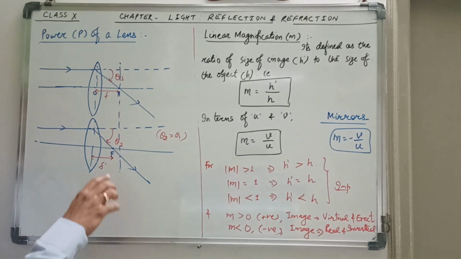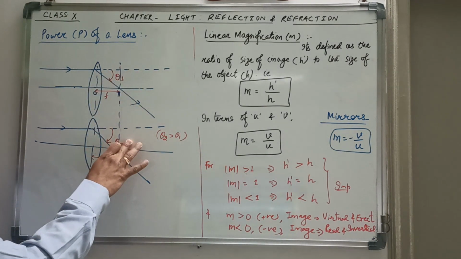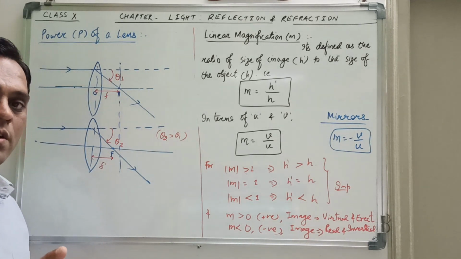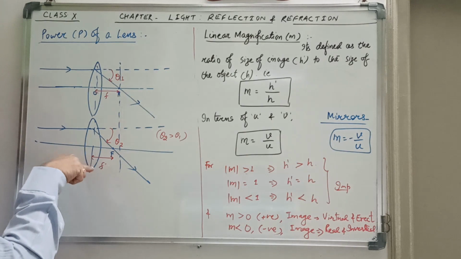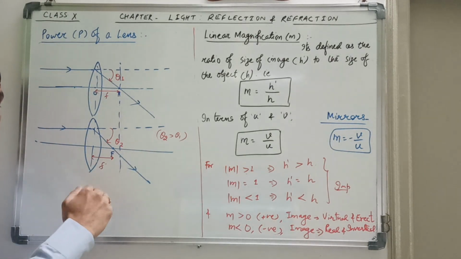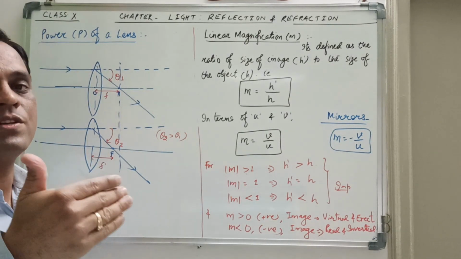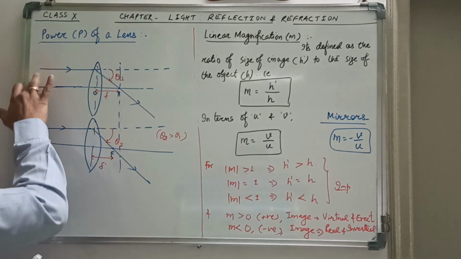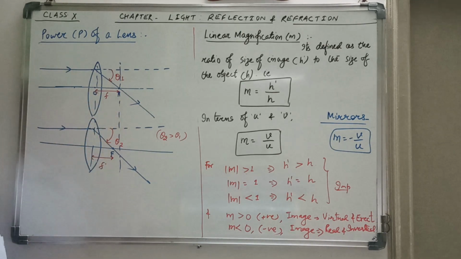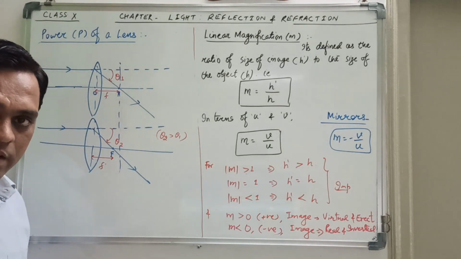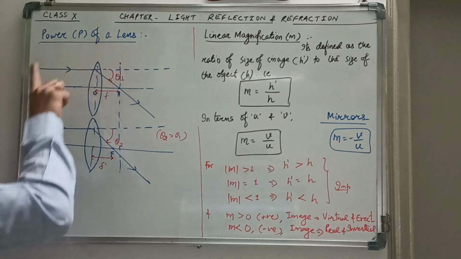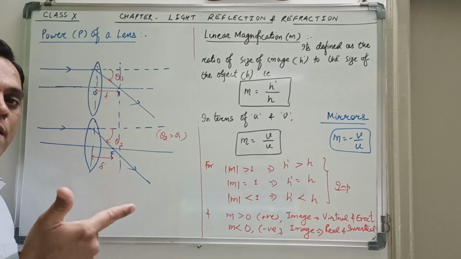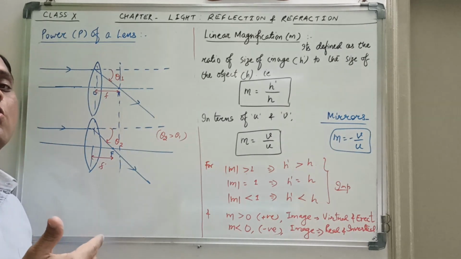So we can say the degree of convergence or divergence is obviously related with the focal length of the lens only. The degree to which a lens can converge or diverge a light ray falling on it is measured in terms of power of a lens only, and obviously smaller the focal length, more will be the divergence or convergence here, hence more will be the power here.